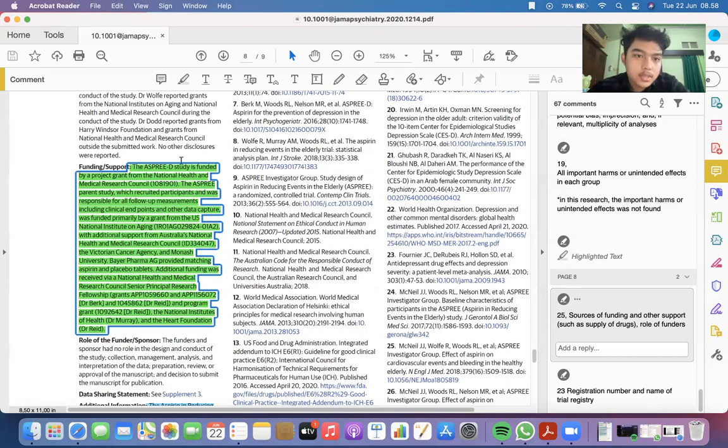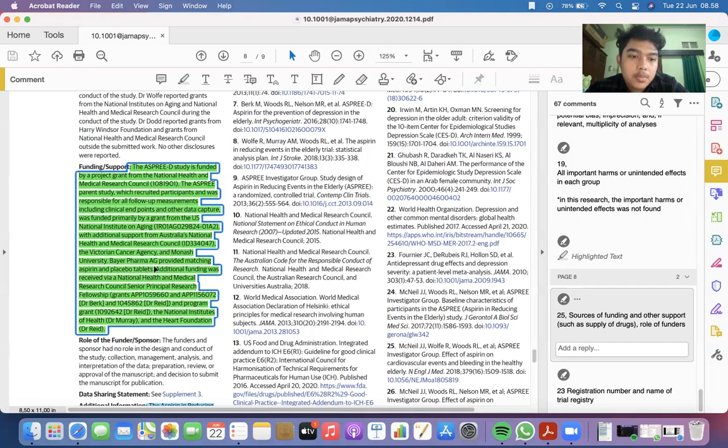The ASPREE parent study, which recruited participants and was responsible for all follow-up measurements, including clinical endpoints and other data capture, was funded primarily by a grant from the U.S. National Institute on Aging, with additional support from Australia's National Health and Medical Research Council, the Victorian Cancer Agency, and Monash University.